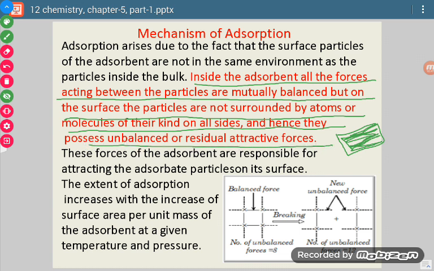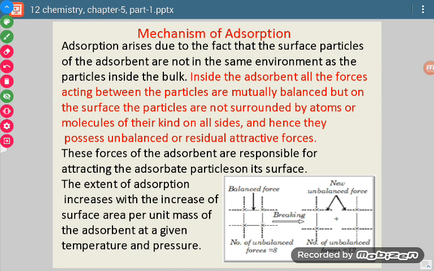So the main thing you have to remember is the presence of unbalanced or residual attractive forces at the surface of the adsorbent, and because of these forces they want to get attracted to other molecules so that these forces are balanced.